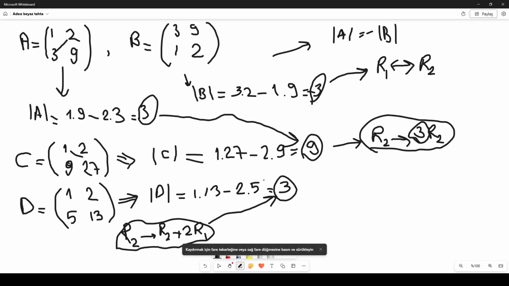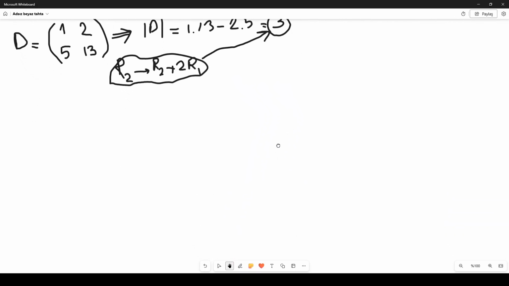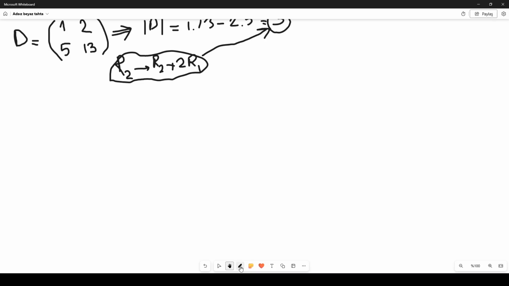Alright, having made these observations, let's generalize our idea, because this lecture's topic is how we can compute the determinant using elementary row operations.